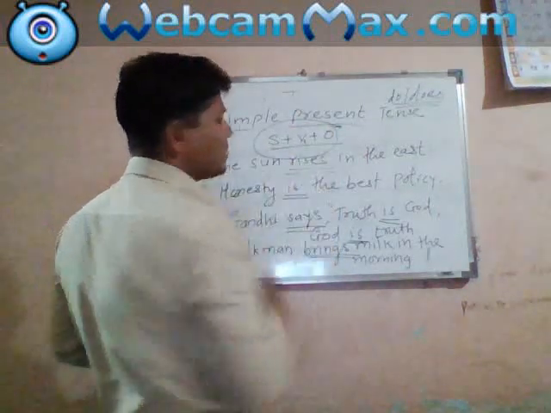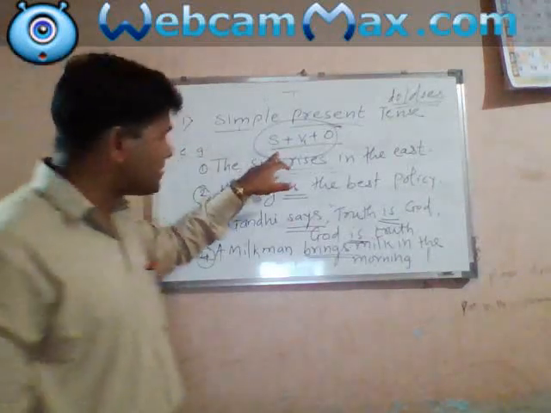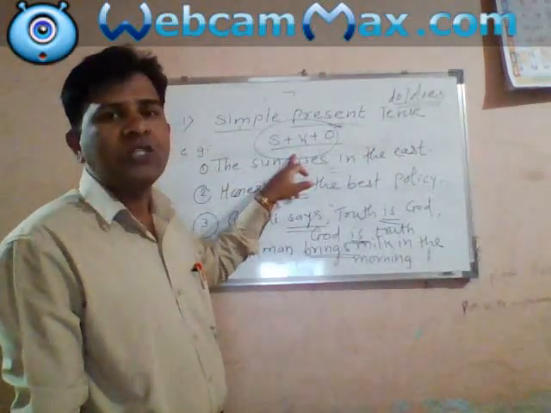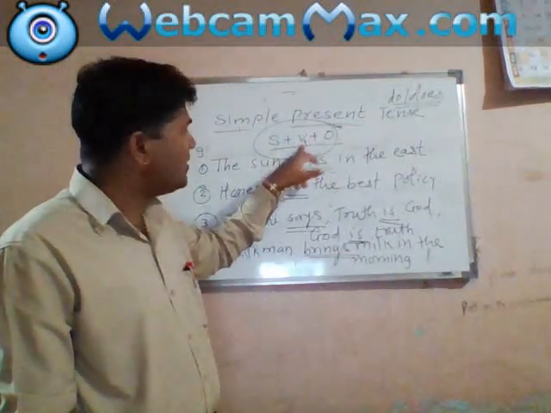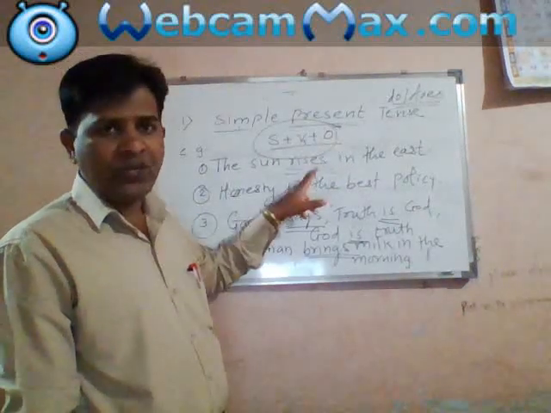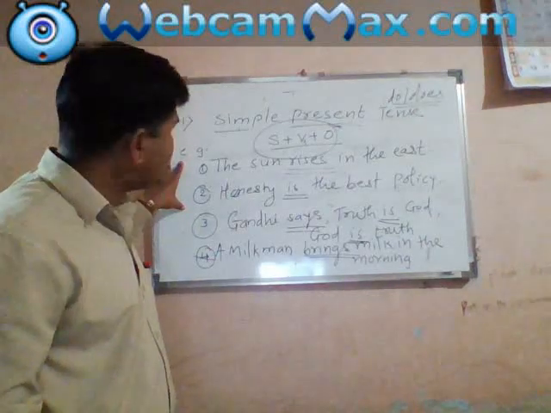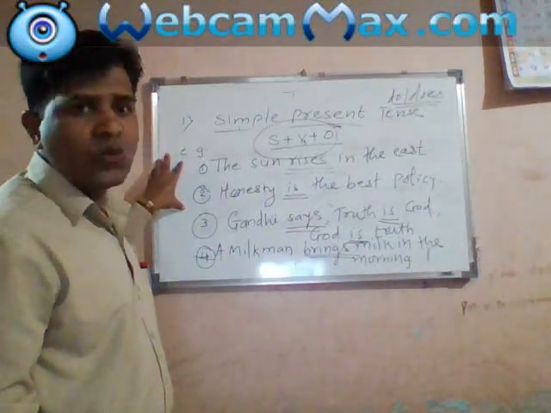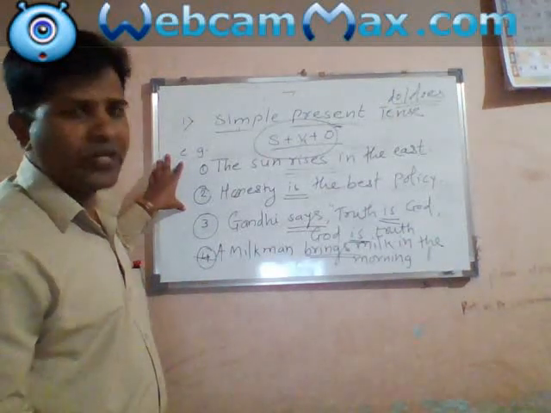If you want to write any sentence in the simple present tense, then you must maintain this pattern of the sentence, that is subject plus V1 plus object. When you study properly, then you can speak and write simple present tense very properly. Okay, I hope you understand.